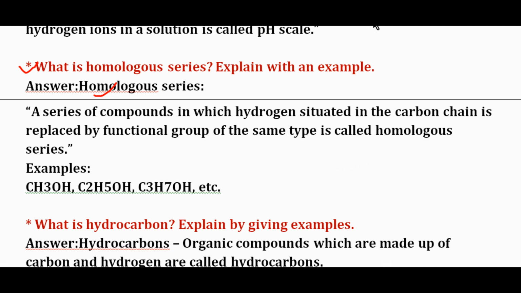Such examples are CH3OH, methyl alcohol, the functional group is OH, and C2H5OH, ethyl alcohol, the functional group is OH. C3H7OH, propyl alcohol, the functional group is OH. Thus, the change in the carbon hydrocarbon chain gives a homologous series with a general formula.